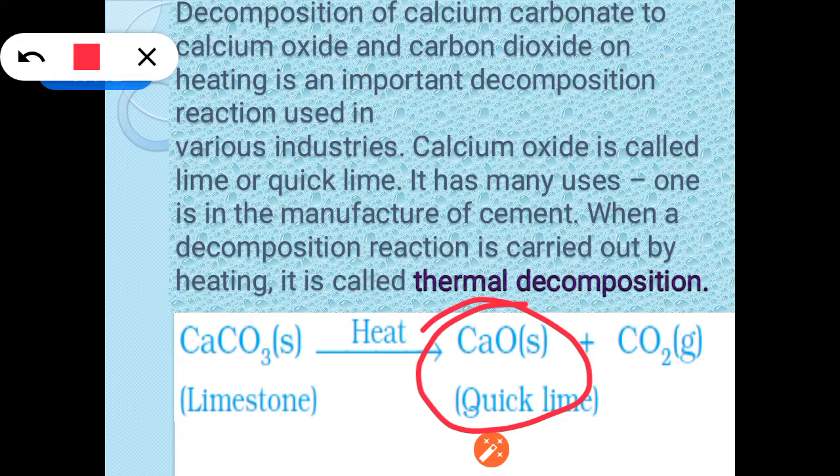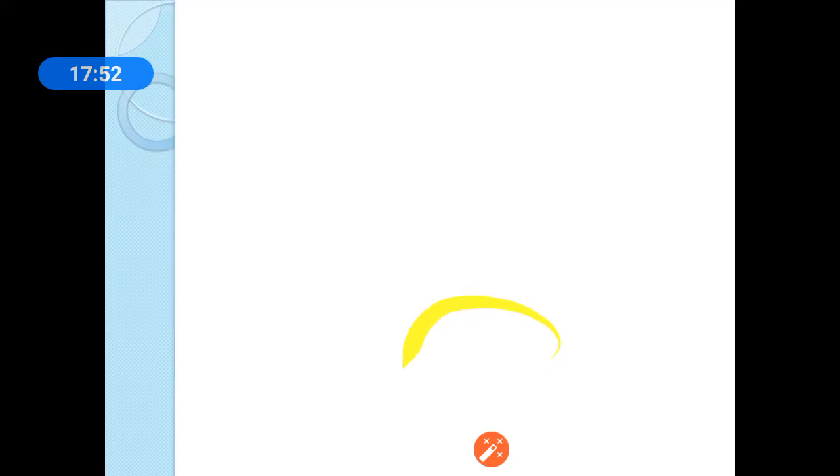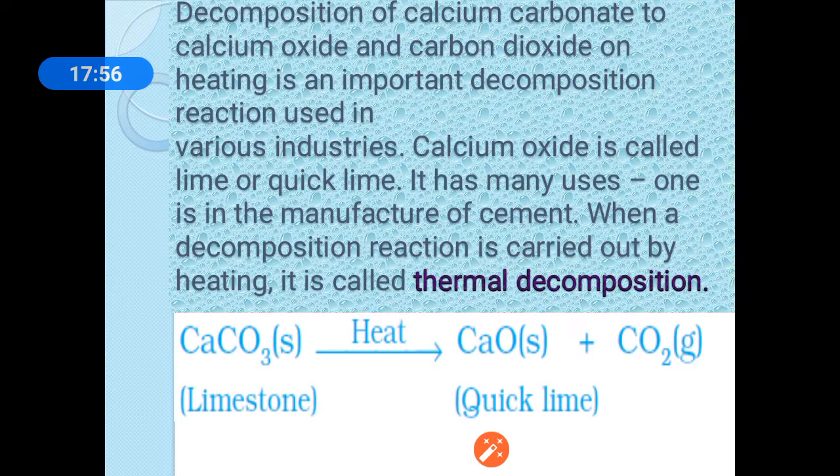Now see here in this case also the calcium carbonate, which is a single reactant, will decompose into calcium oxide and carbon dioxide. Because a single reactant decomposes into more than one product, it's an example of a decomposition reaction.